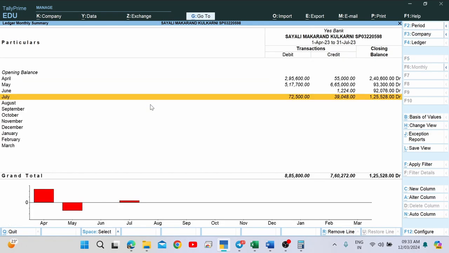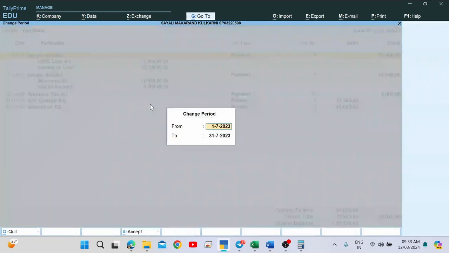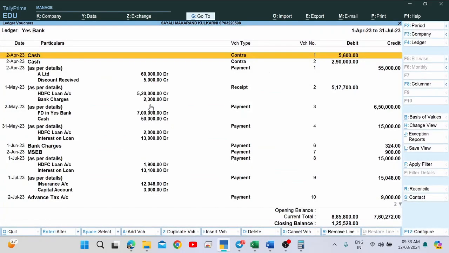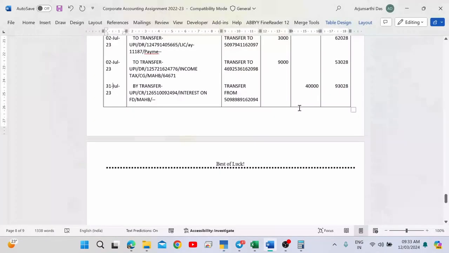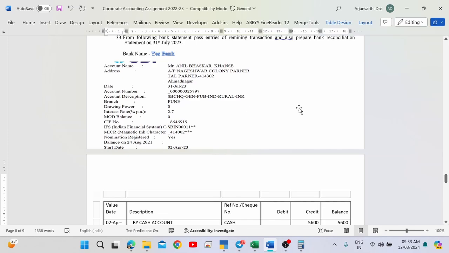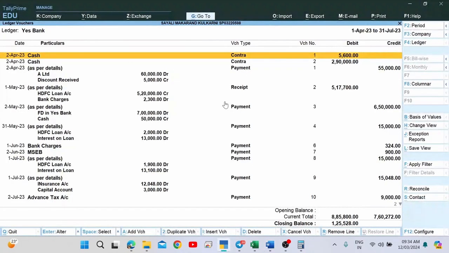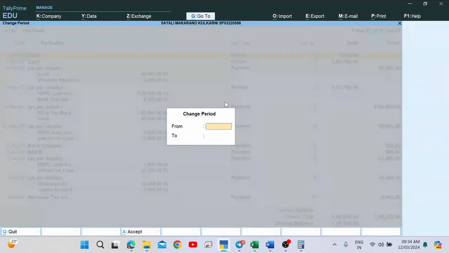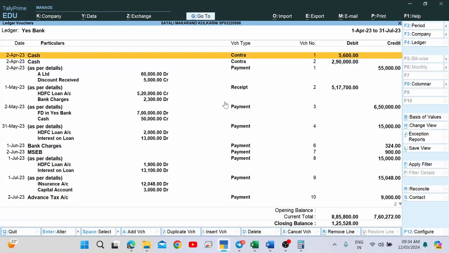Just open that, and then remove the dates, or from 1/4 to 31st July you can say. We have the bank statement from which date to which date? From the first day of the year, 1/4, to 31st July. Therefore in your tally say 1/4 to 31/7.